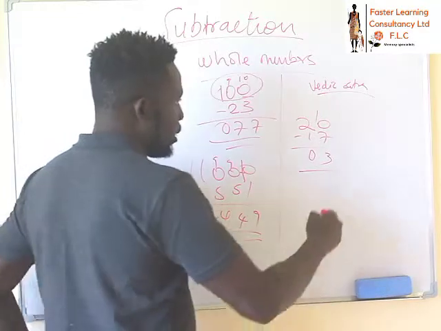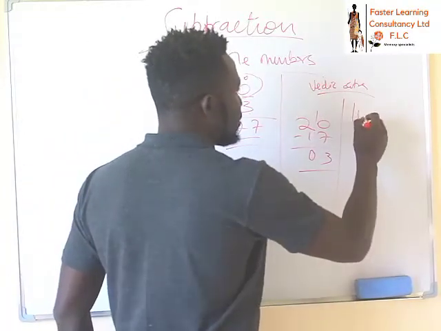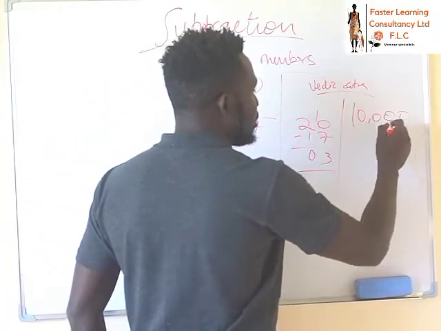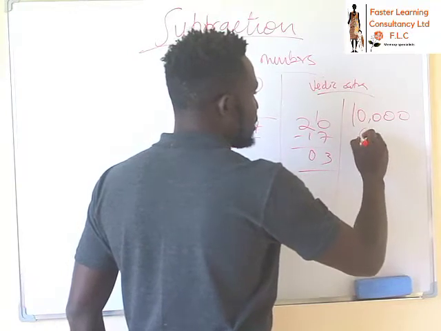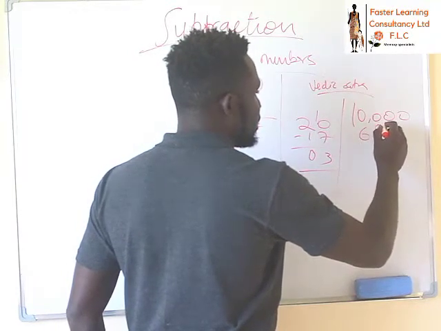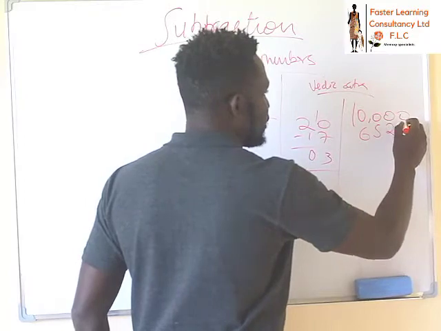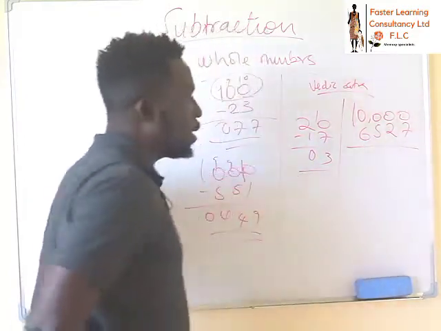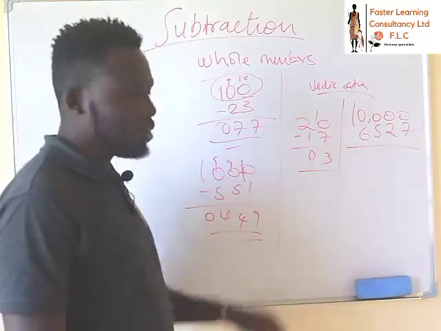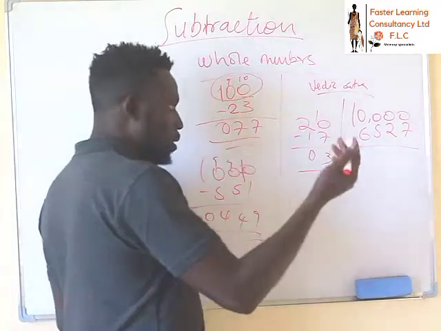Or even if you have 10,000 and subtract 6,527. In this case, you use the Vedic sutra, and it goes automatically.